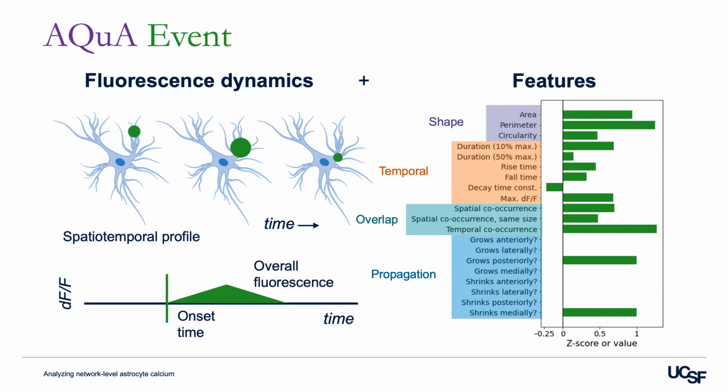So all of these events get quantified and packaged together into feature vectors that are associated with each individual discrete event.